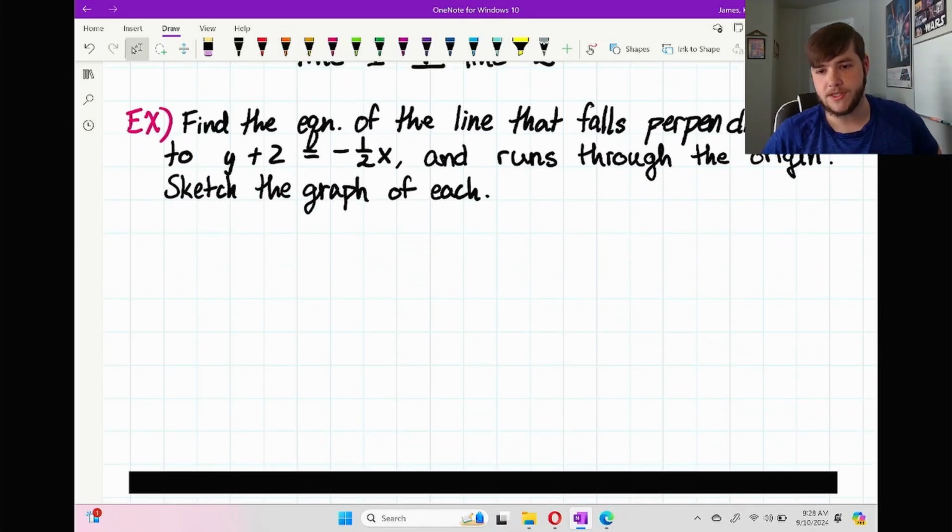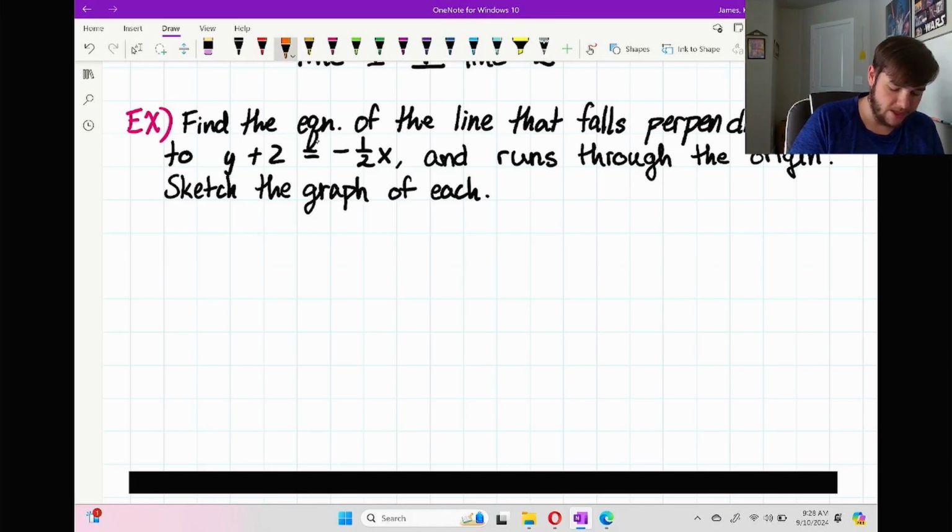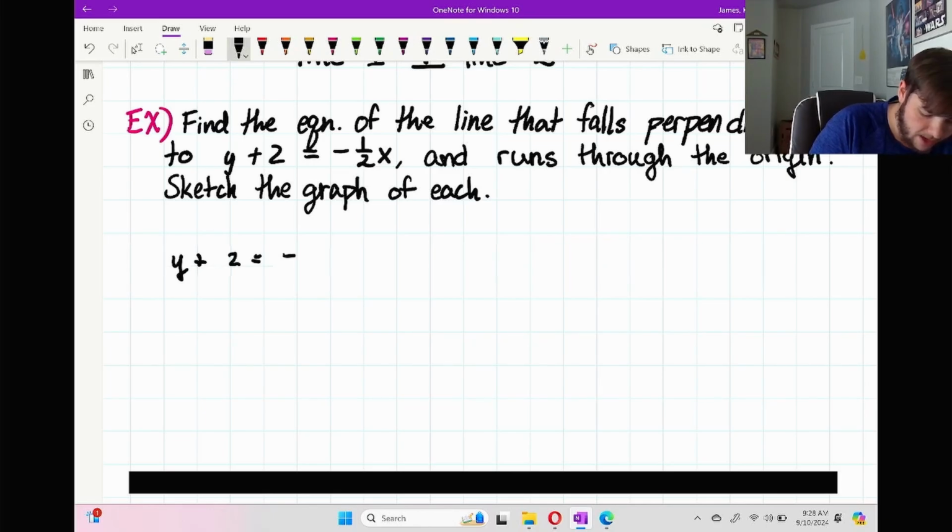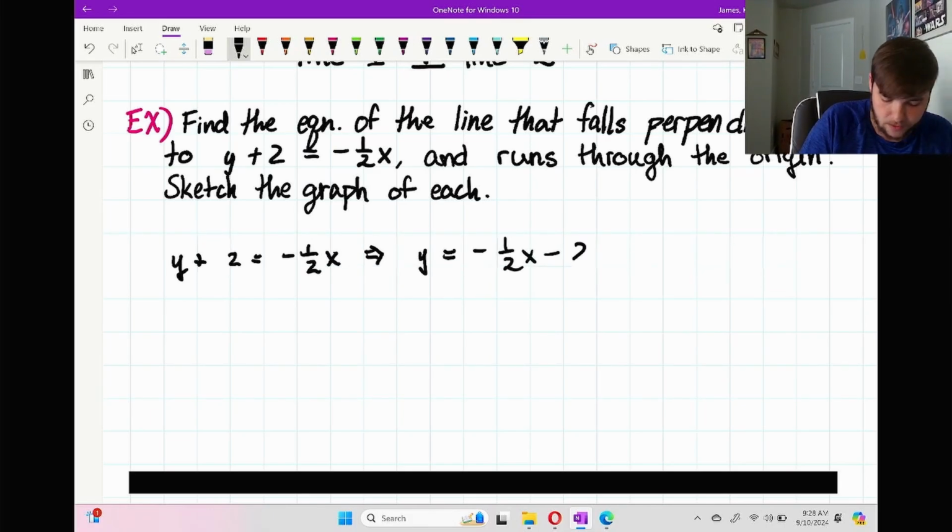Well, first of all, it'll be helpful to write this in slope-intercept form. So y plus 2 equals -1/2 x is almost in slope-intercept form. I just need to move the 2 over. y equals -1/2 x minus 2.